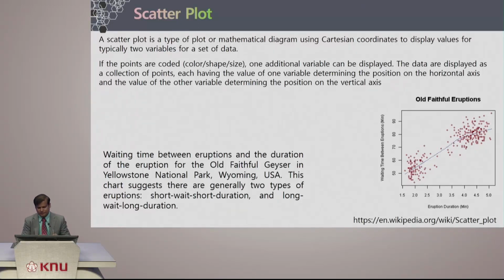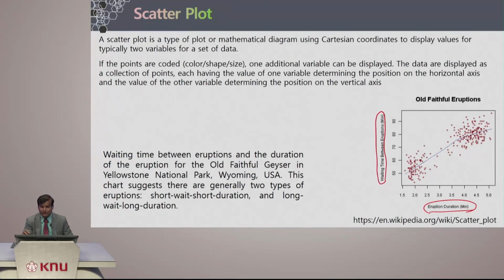This example is of the scatter plot, and this is the waiting time between the eruption and the duration of the eruption. So the eruption duration is given on the x-axis, and the waiting time between the eruptions is given on the y-axis.